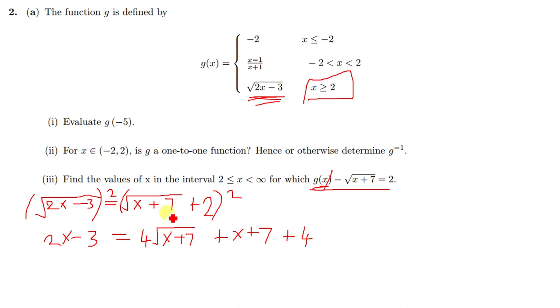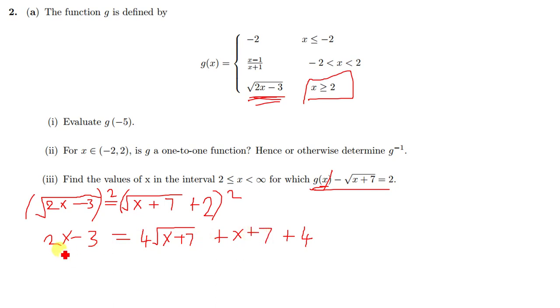So what I've done is basically multiplying this times itself. It's giving me this times 2, it will give me 2 root x plus 7, and then again this root x plus 7 times 2 to give me the same thing. So when I added the two, I got 4 root x plus 7, and then 2 times 2 will give me 4.